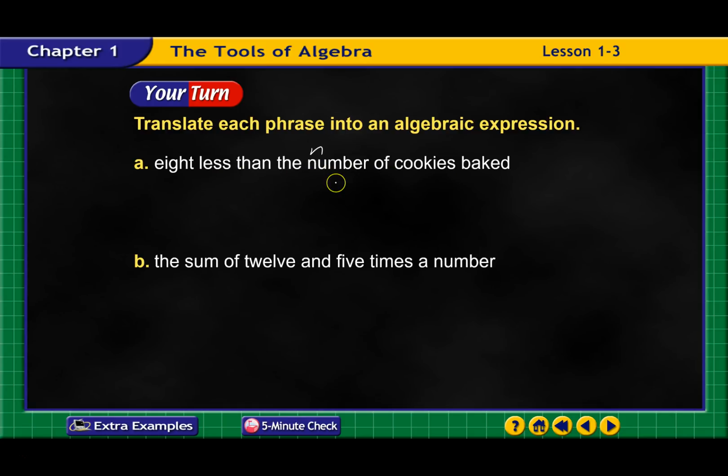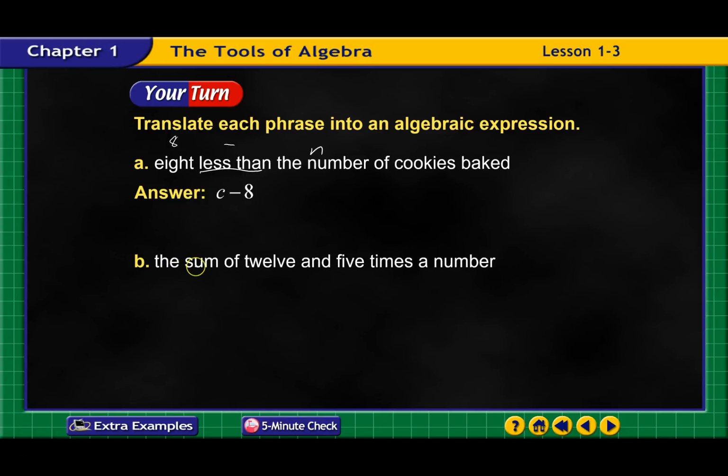So n is probably going to be on the left, so the number of cookies baked minus would be less than and 8. So that doesn't quite work. We're actually going to have to swap these. So the number of cookies baked minus 8. Oh, they use c. That's fine too. C or n. They liked cookies. I probably should have thought of that because I like cookies.